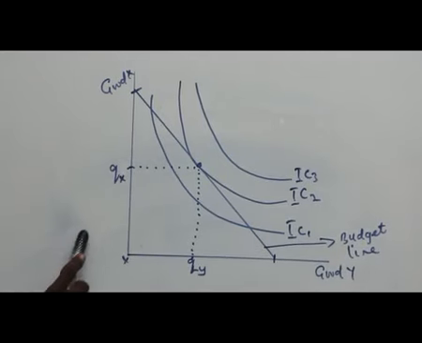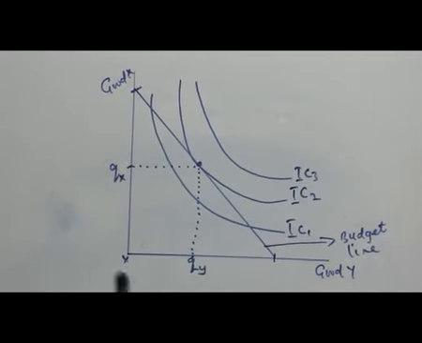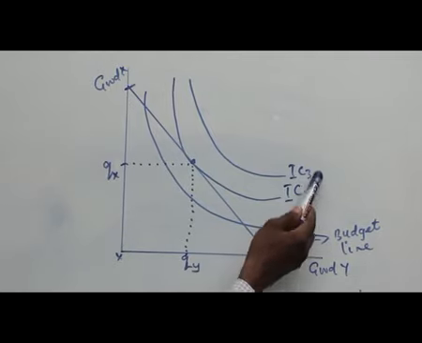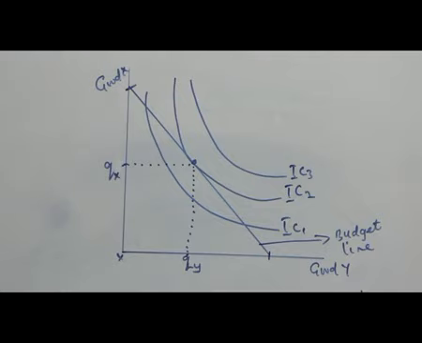Looking at the diagram before us, you can observe that we have an indifference map, where we have indifference curve 1, indifference curve 2, indifference curve 3. We can also see our budget line within that area.